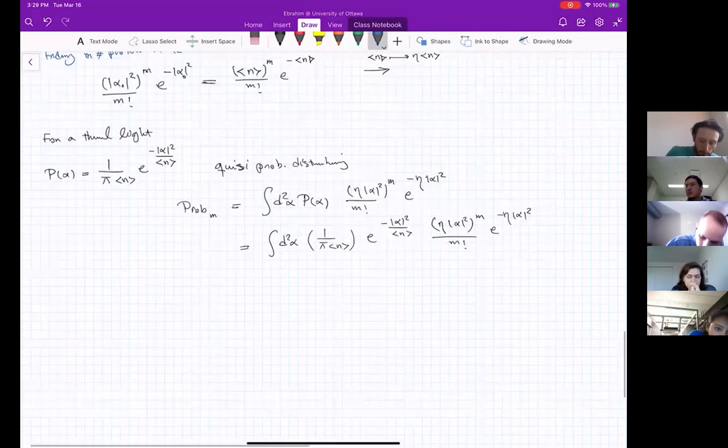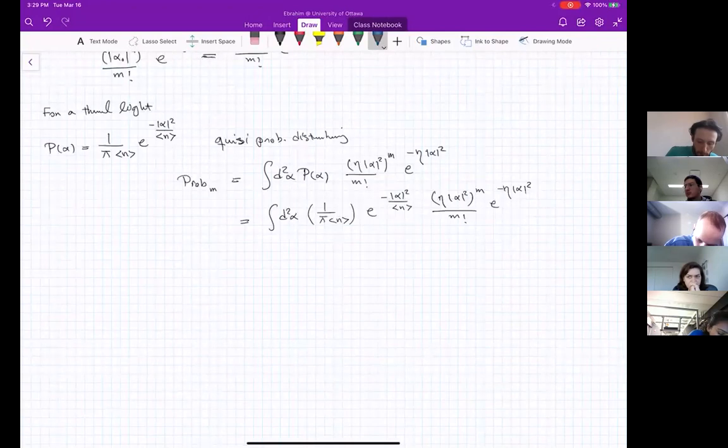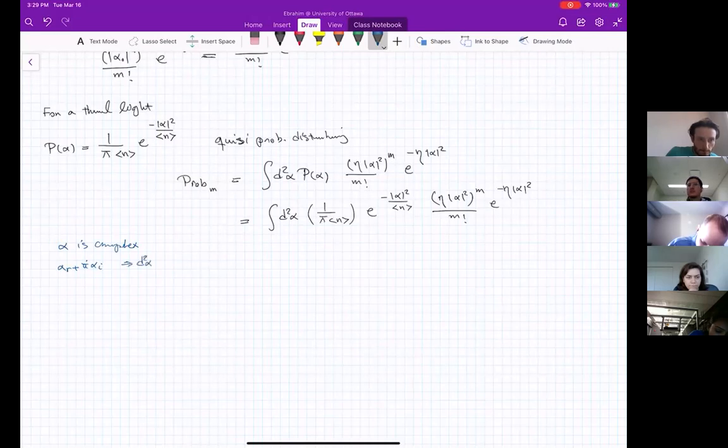So the integration is on the complex plane of alpha. Remember, alpha is complex, which means that you have alpha real plus i alpha imaginary. We already used that a couple of times. Also, I remember that you can go with d2alpha as d alpha real, d alpha imaginary, or you can go to polar coordinates.